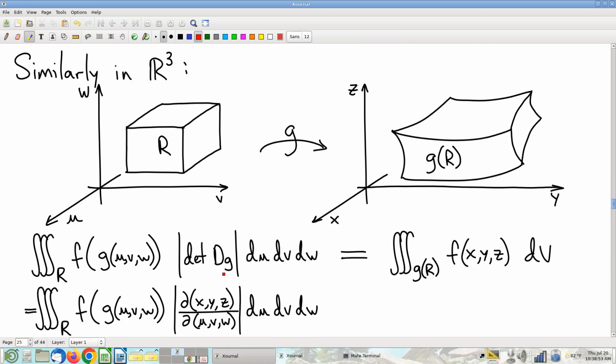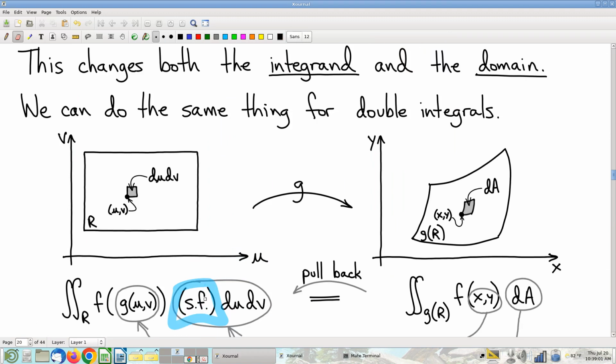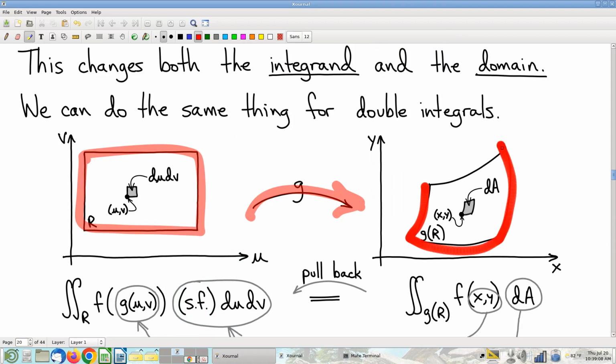3 dimensions. What if we're in 3 dimensions instead of 2? Everything we've been doing here is in 2 dimensions. We were assuming that we had an area whose image was an uglier area, and that we wanted to pull back from the target area to the pullback area.